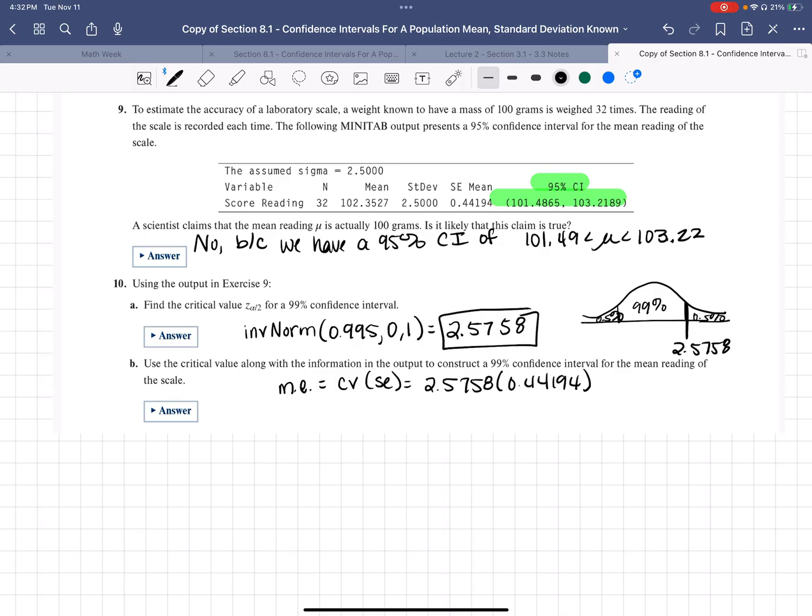That's going to give me 1.1382 for a margin of error.